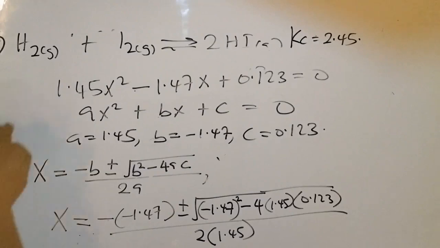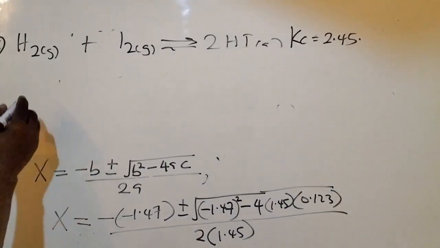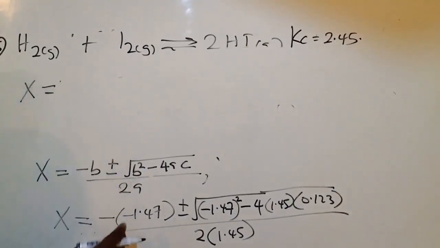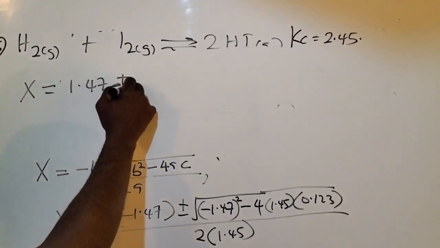Let's go up and wipe this side. So s becomes equal to minus times minus to give you plus 1.47 plus or minus.